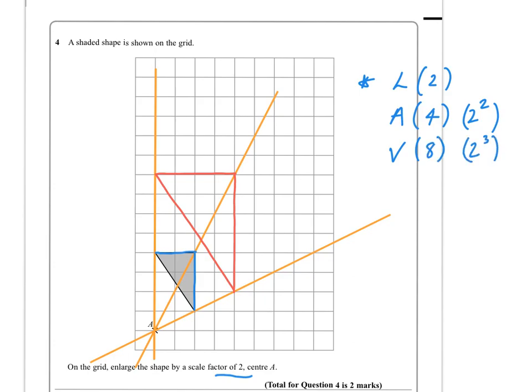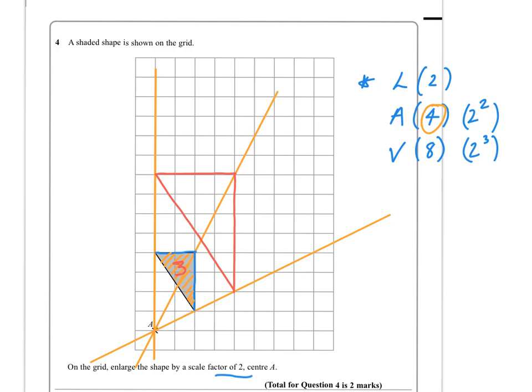So one thing I can do quickly is to just verify that if the length scale factor is 2, has the area gone up by a factor of 4? Well, the area of this right angle triangle is base 2 times height 3, is 6, halved, which is 3. So that's 3 units squared.